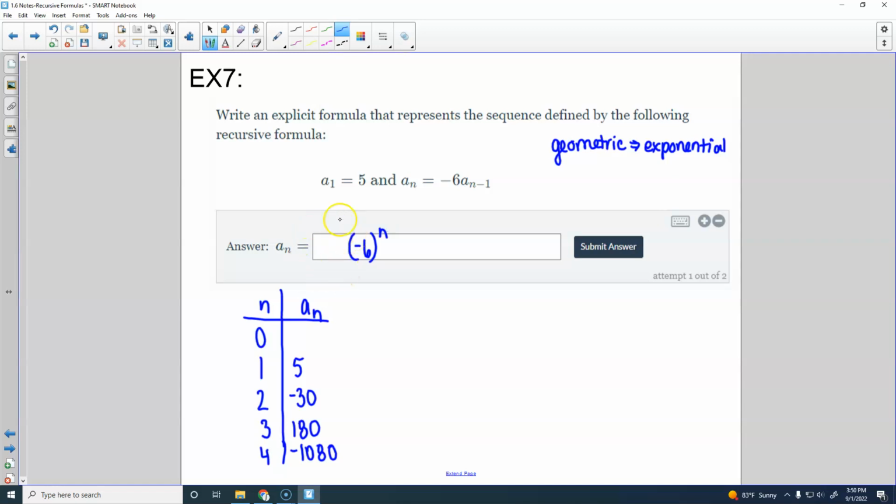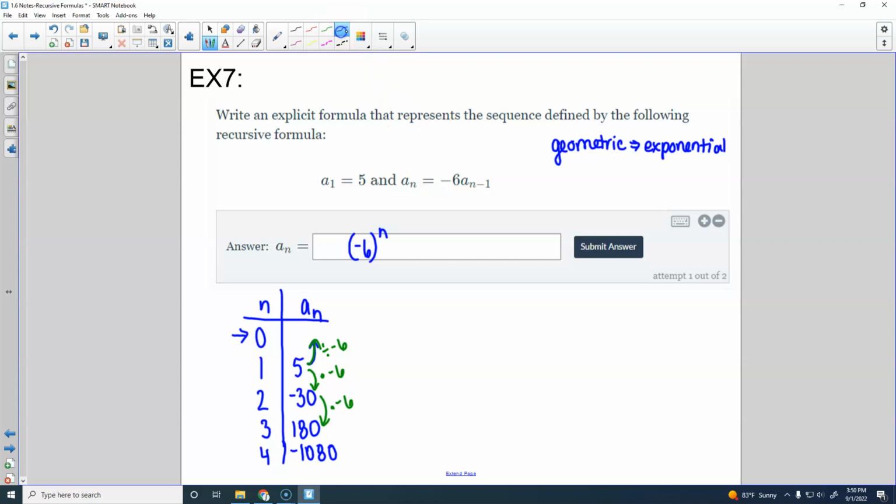To find this starting value that's out here out front, we really need to know our a sub 0. This problem gave us our a sub 1, not our a sub 0. So if I'm thinking about going backwards each time here to go forwards, I was multiplying by -6, multiplying by -6. So if I want to go backwards here, I need to divide by -6.